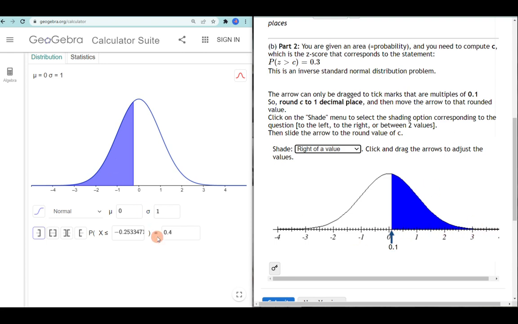So I'm going to use my normal probability distribution function. It's normal, the mean is 0, and the standard deviation is 1. That ensures that it's a standard normal distribution. I need to be looking at area to the right because this is saying greater than, and then I'm going to click on my probability here, and I know I want my probability to be 0.3, so I'm going to type in 0.3. There we go. The z-score that will make the probability be 0.3 when we're looking at areas to the right of it, that z-score is 0.52444.